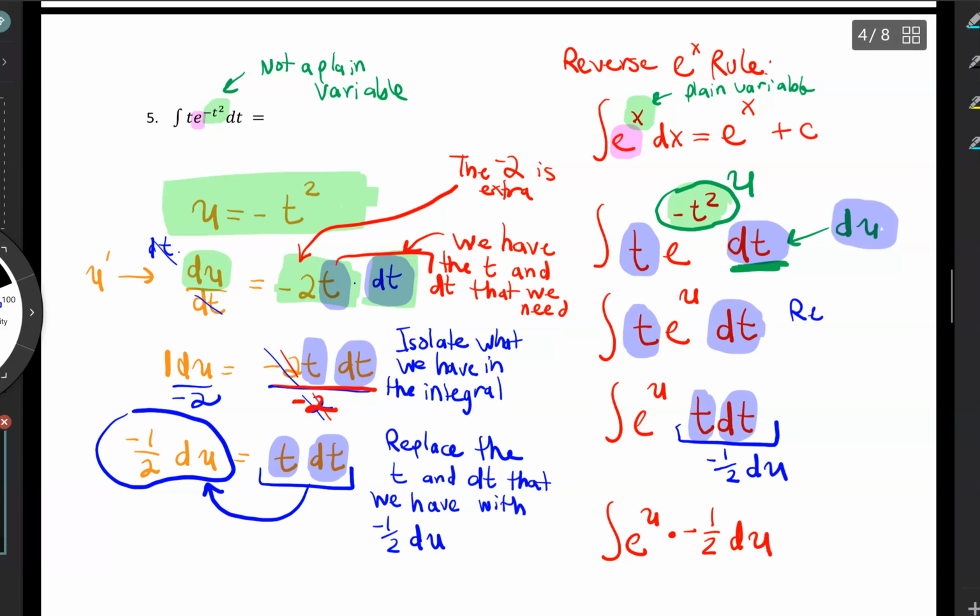I rearranged what we had. So I rearranged the multiplication. Okay, so I just moved it to the back and then I replaced the t dt with the negative 1/2 du.